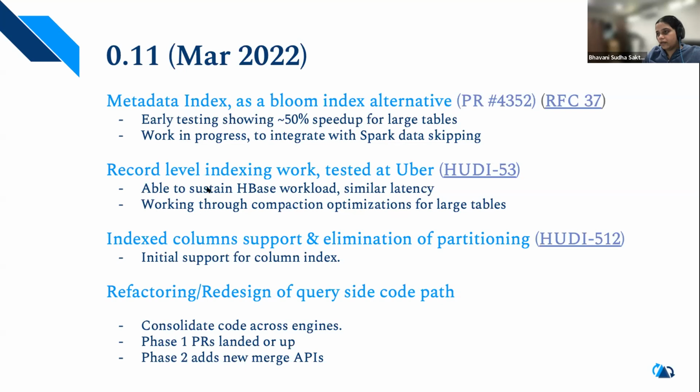So with record level indexing in 0.11, we are looking to replace this type of use case by being able to leverage the record level index for handling any sort of update pattern while making sure that it's fast and performant.